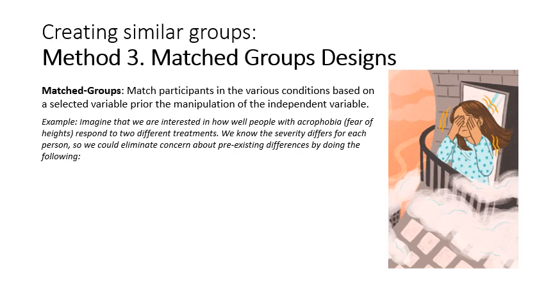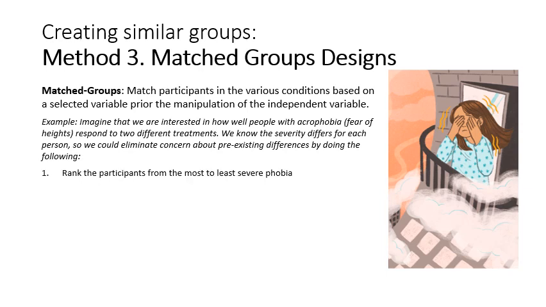Let's imagine a situation, this time with people with acrophobia, which is fear of heights. And let's say we have 2 different treatments. We want to help these people. But we know that each person has a different level of severity for their acrophobia. Some have much more severe worries than others about heights. And so one way we could eliminate concern about such pre-existing differences is by matching participants.